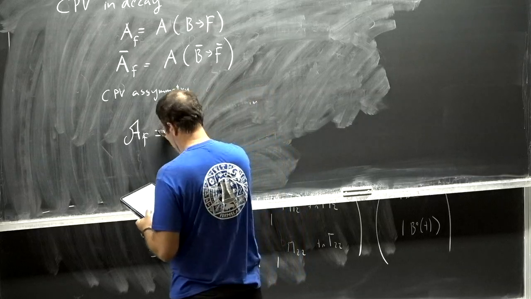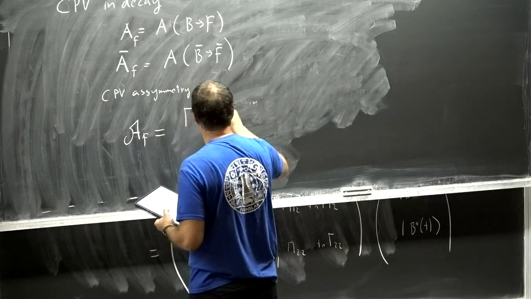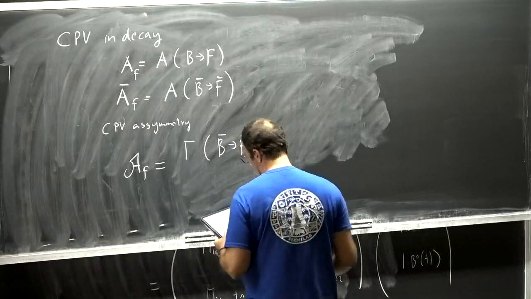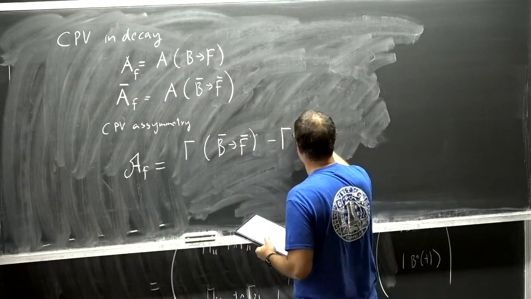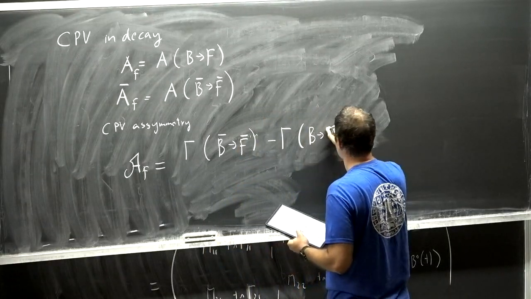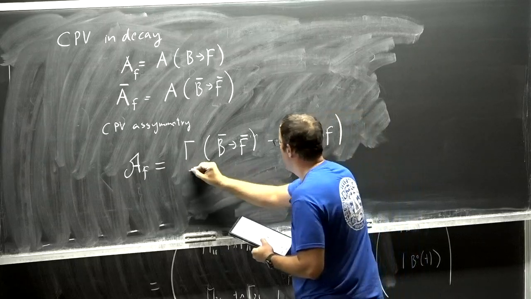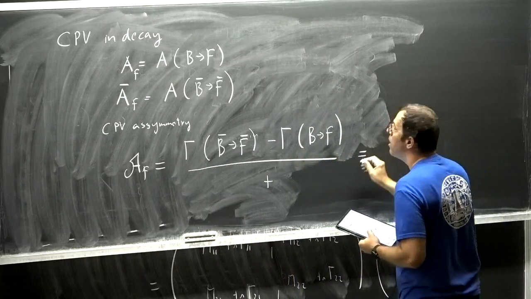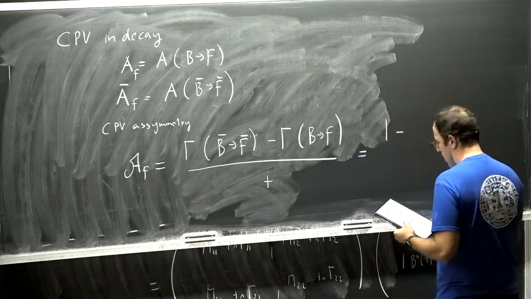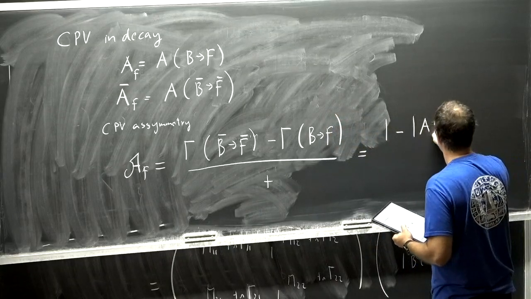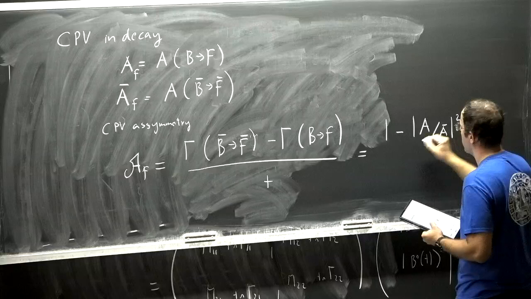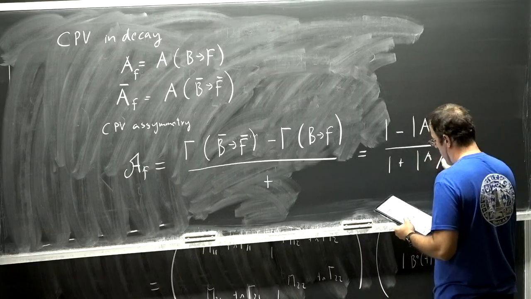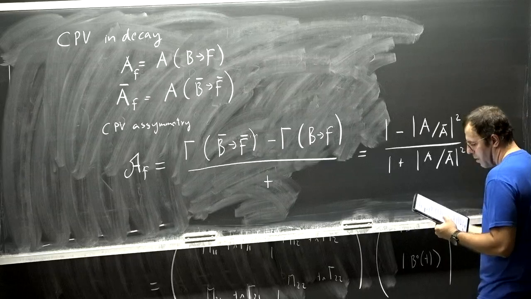All right. So I take the rate for B bar goes to F bar minus the rate for B goes to F, plus the same thing, so I normalize it. So this would be 1 minus |A bar over A| squared, over 1 plus |A bar over A| squared.